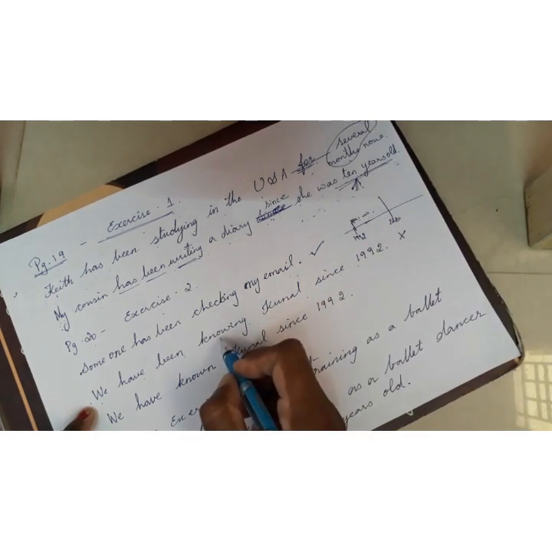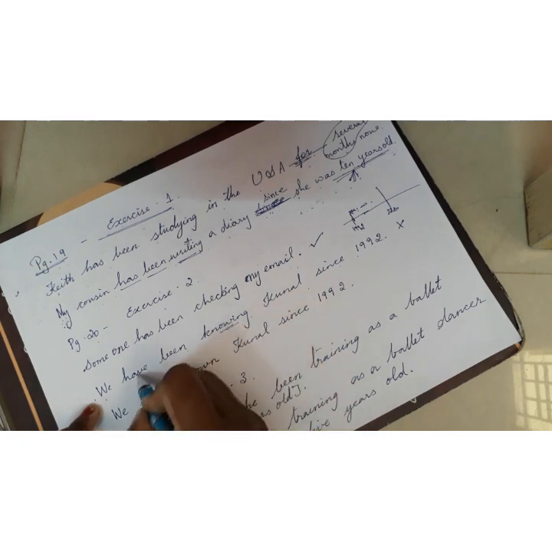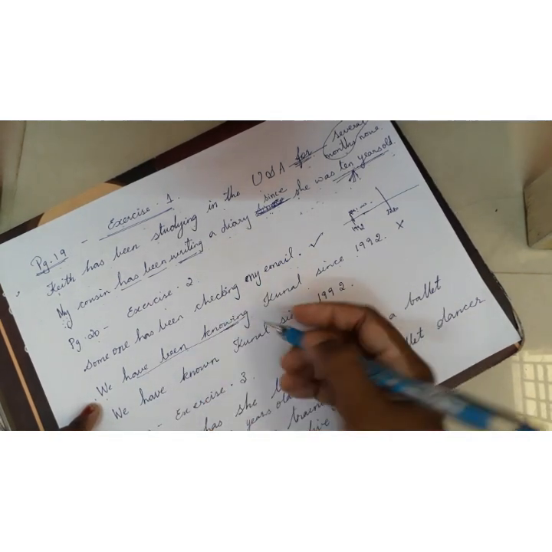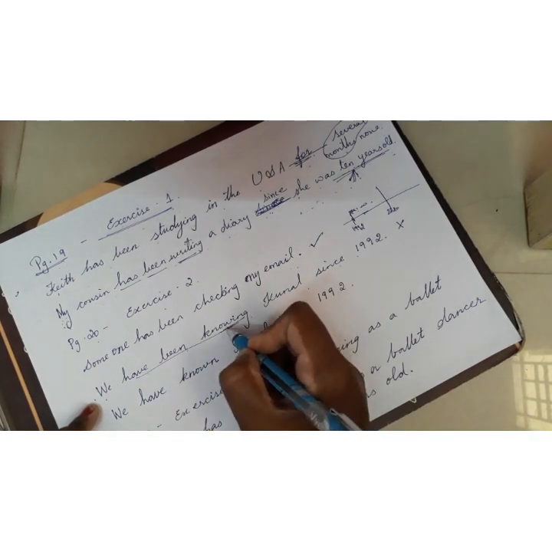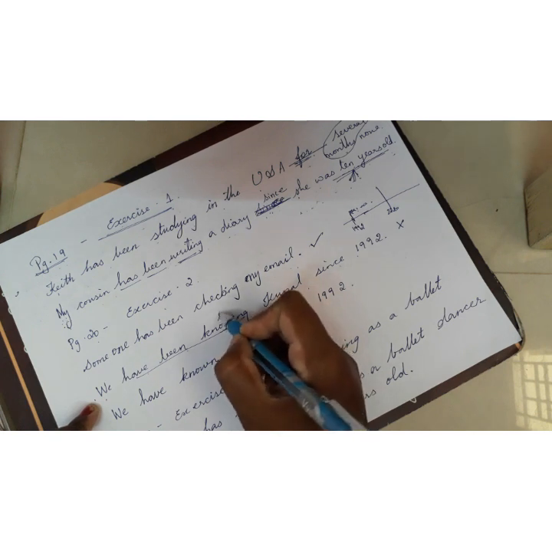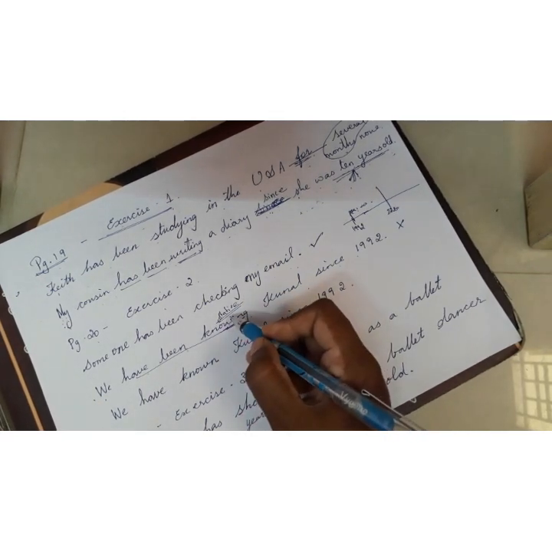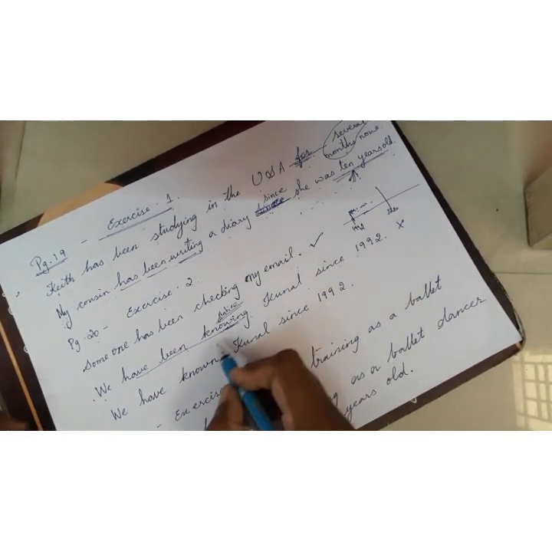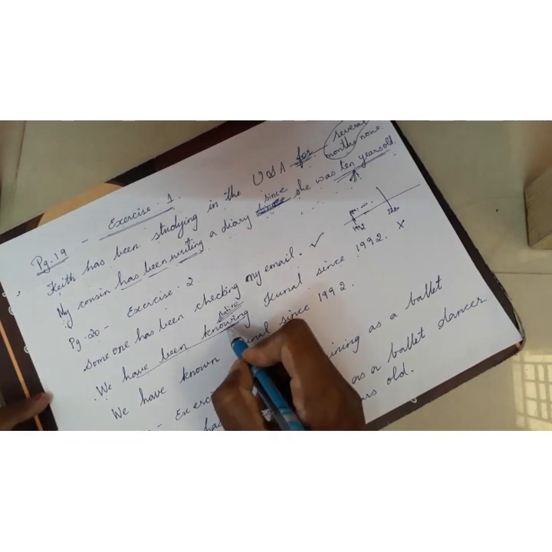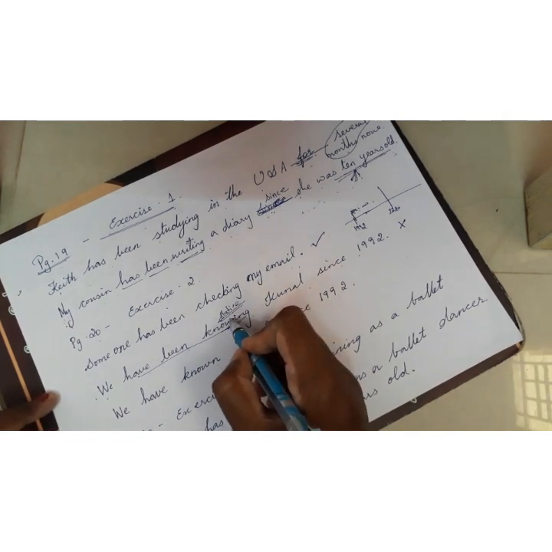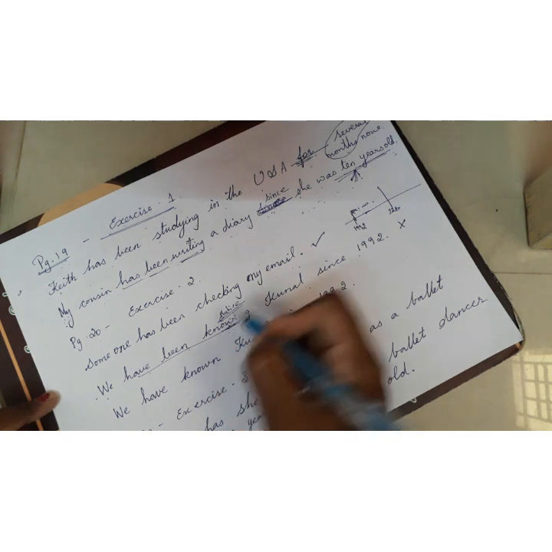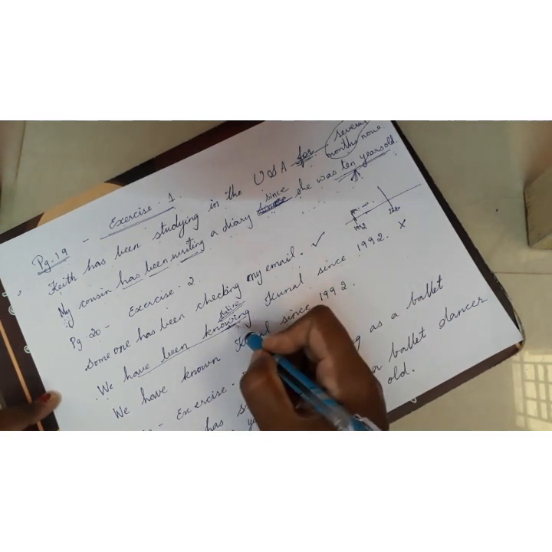So there is no need to say "have been knowing", right? Knowing is a stative verb, right? It should be done by your mind, cognition, right? So in such places, no continuous. Such stative verbs don't take continuous form.